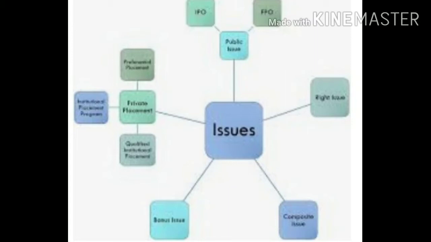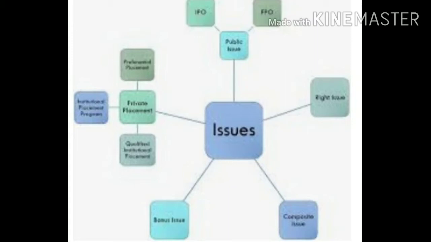So division A involves first IPO and second FPO, and division B involves right issue and bonus issue, and division C involves ESOS, ESPS, SARS and sweat equity.